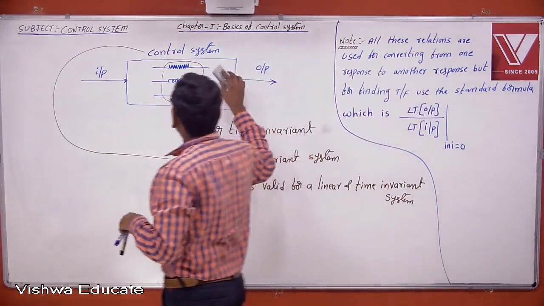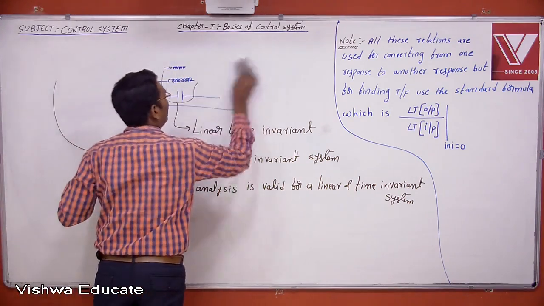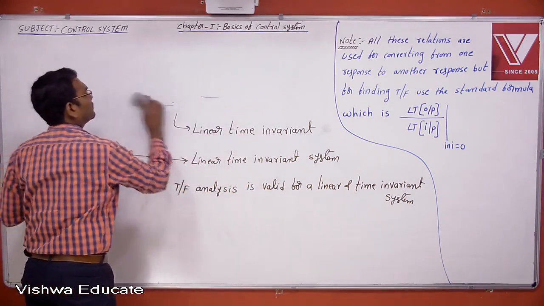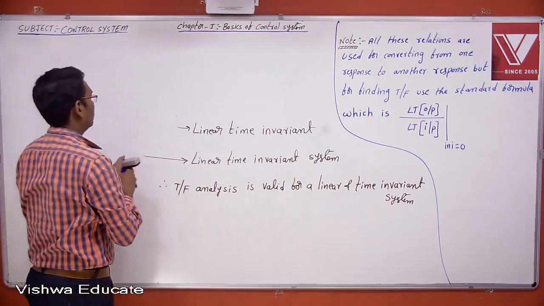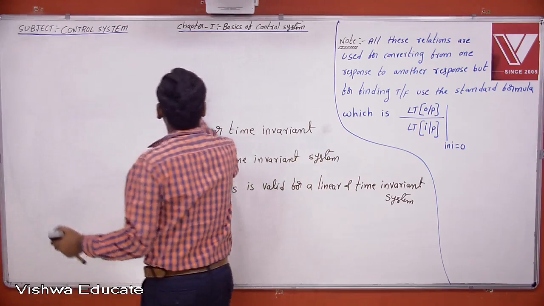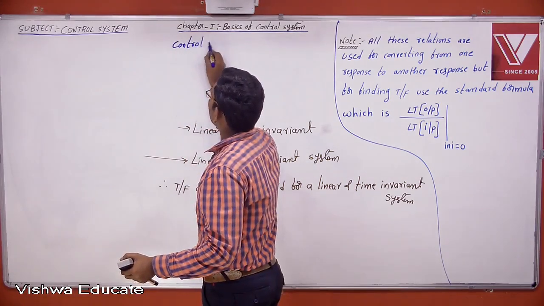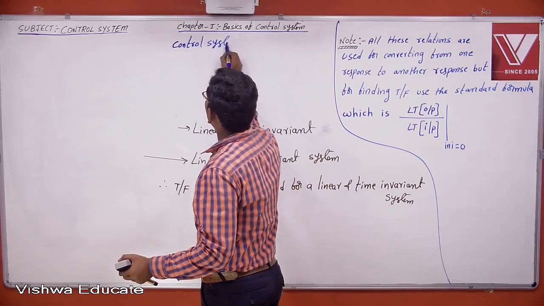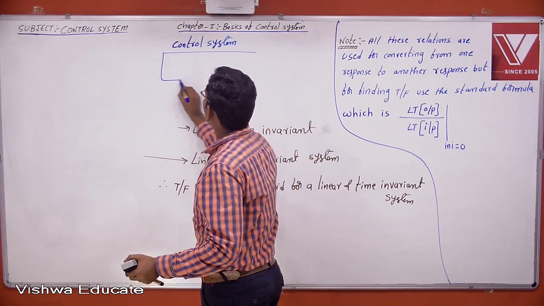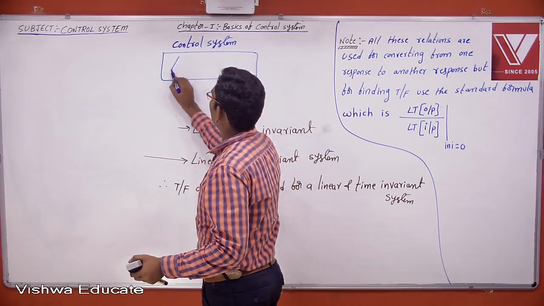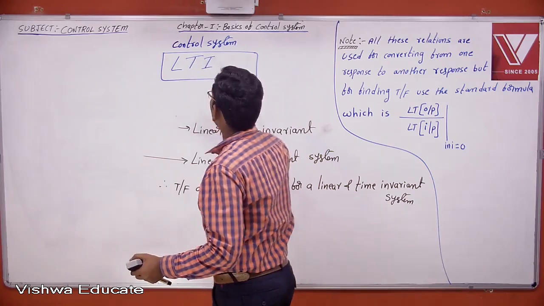Now, from this, we have to find one important relation. This is the control system, which is nothing but a linear time invariant system.